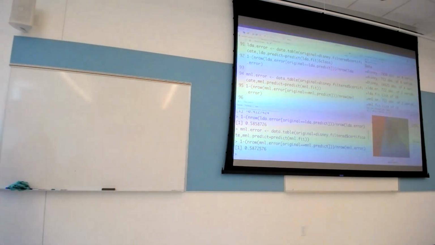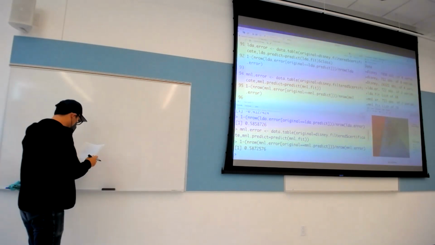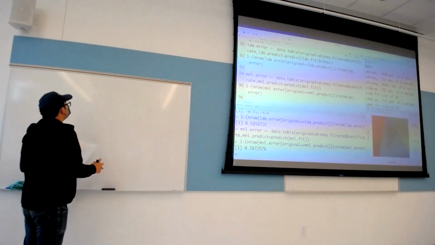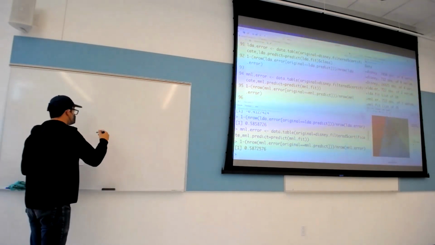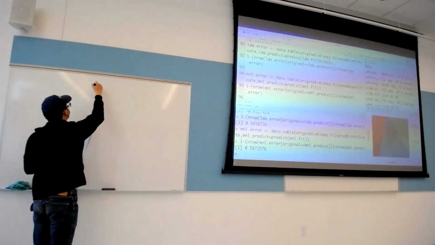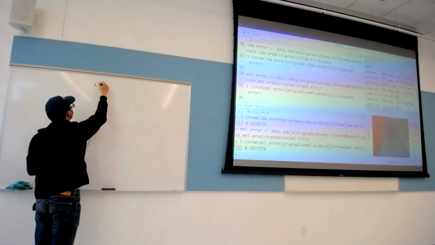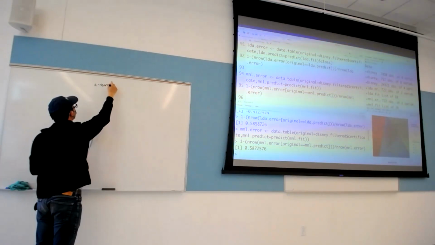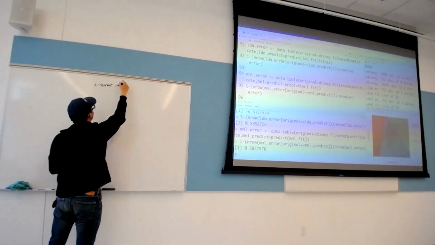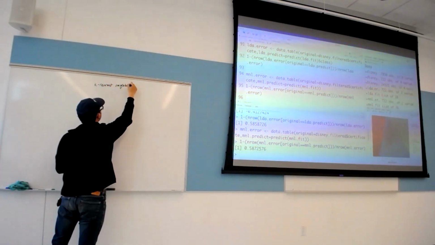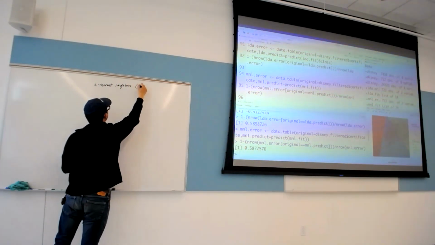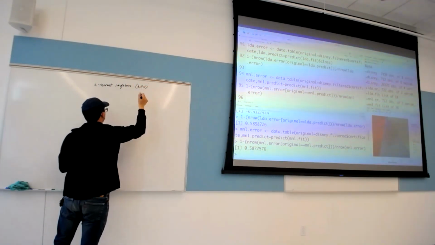Maybe some of you have heard of this before: K nearest neighbors, also known as KNN.